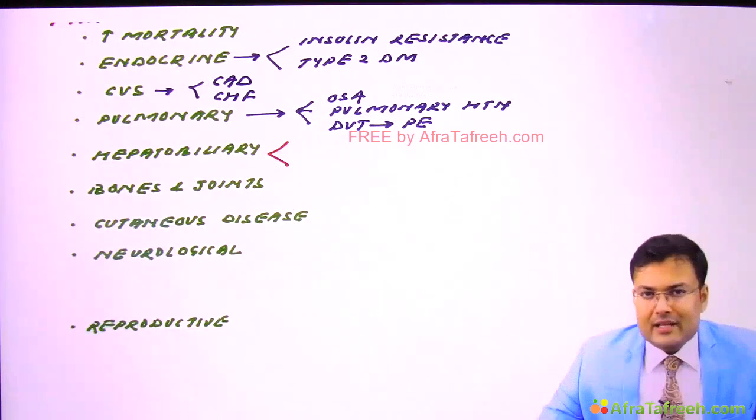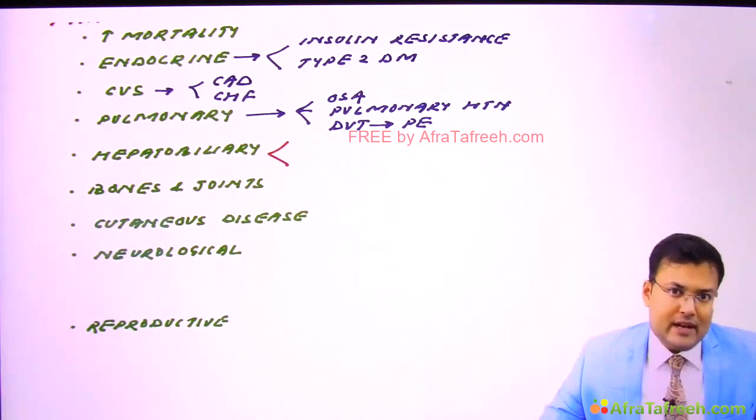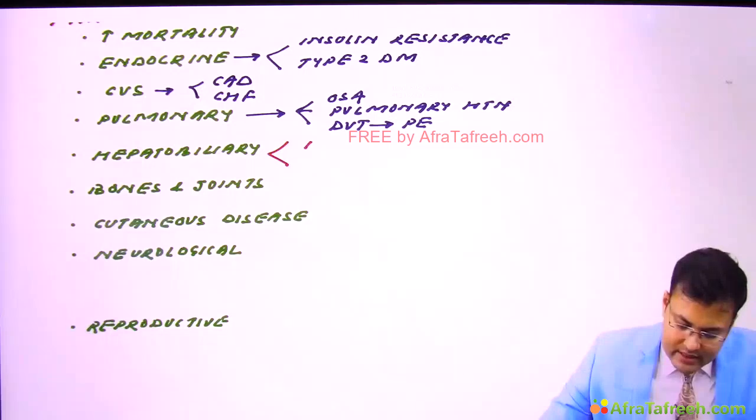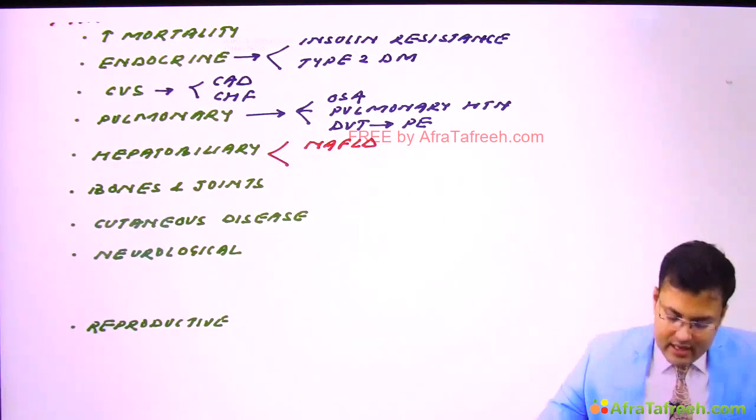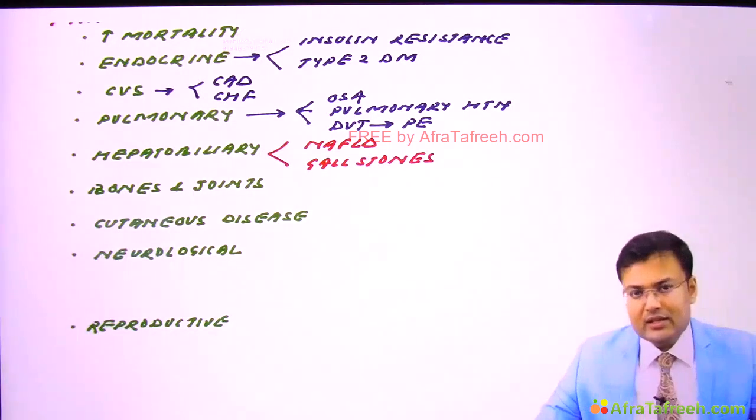Because of increased fat intake or because of obesity, there is non-alcoholic fatty liver disease. And obesity is a risk factor for gallstones, so these patients are prone to develop gallstones.